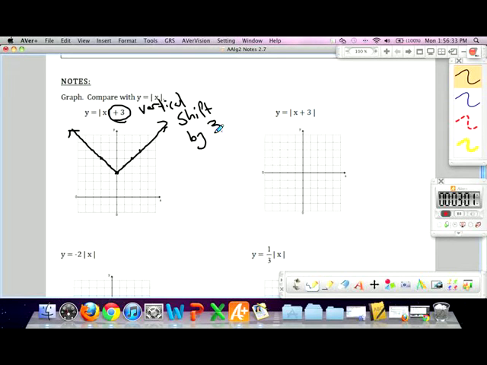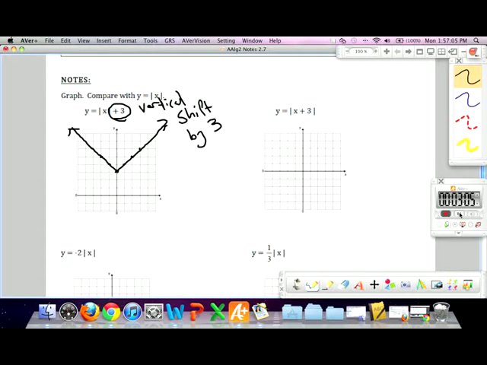Before we go much farther, I'll throw out the general form of an absolute value. Here are all the different places we could adjust this formula by either adding or multiplying. We could multiply by something outside of the absolute value symbol. You could add or subtract inside, or you could add or subtract outside.